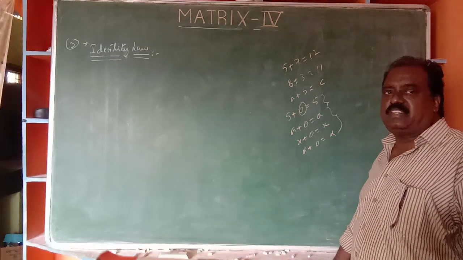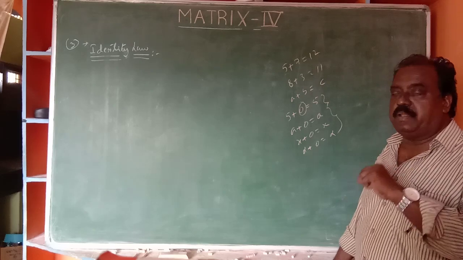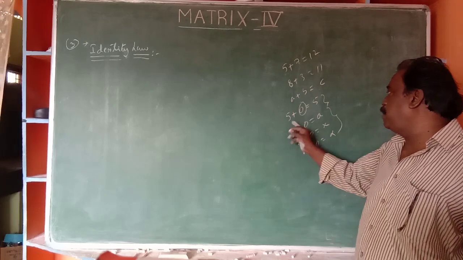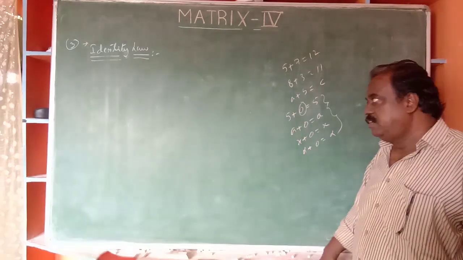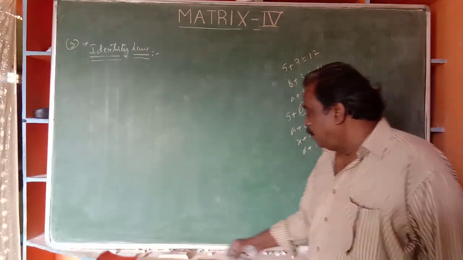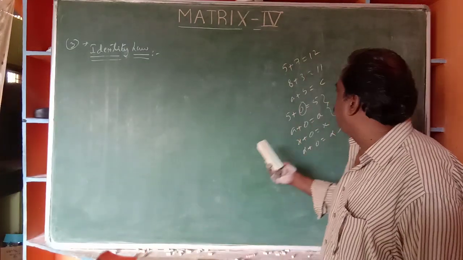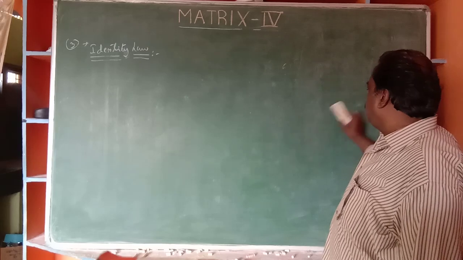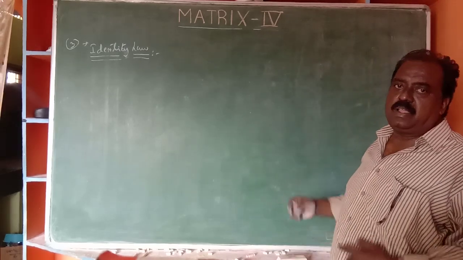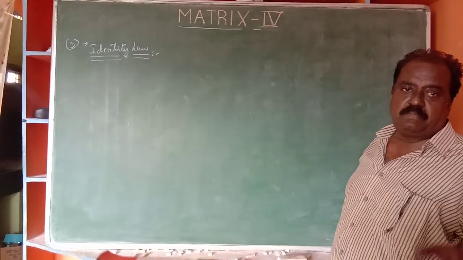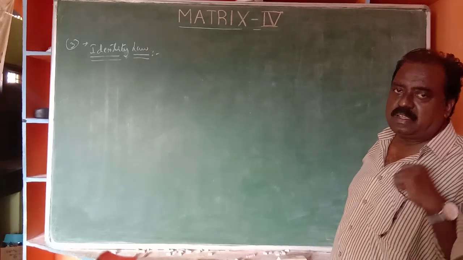So here 0 is the additive identity element of the number 5 or A or X or alpha. It is in the case of real numbers. The same holds for matrices also.